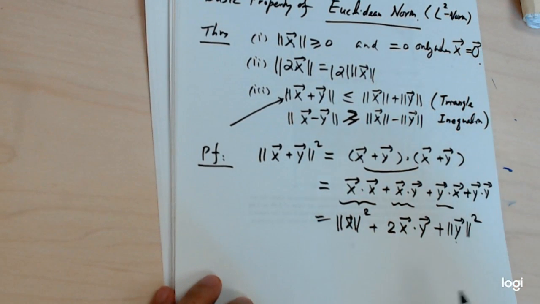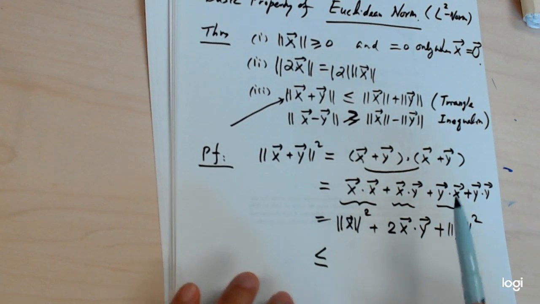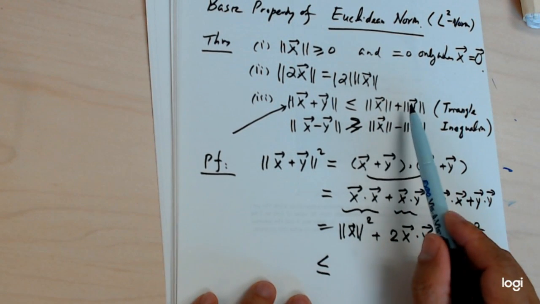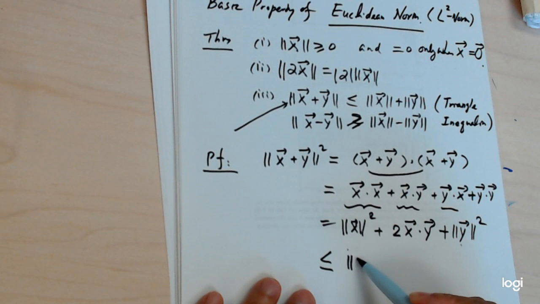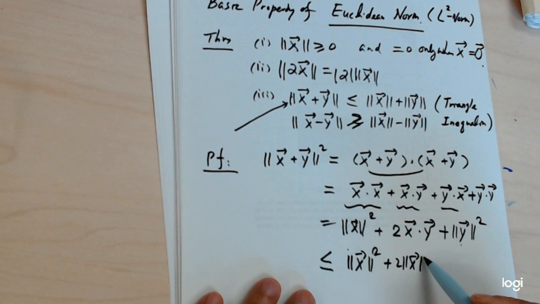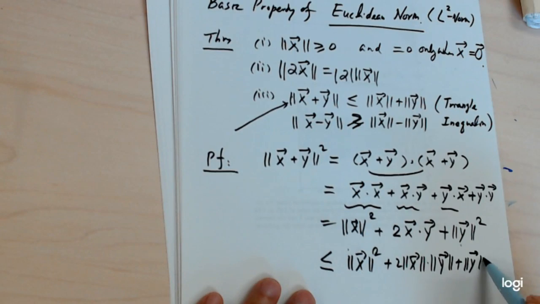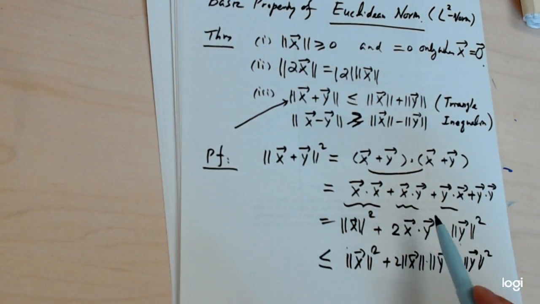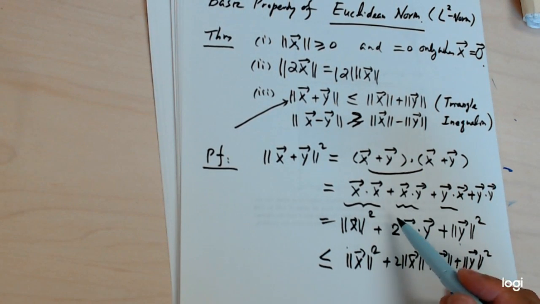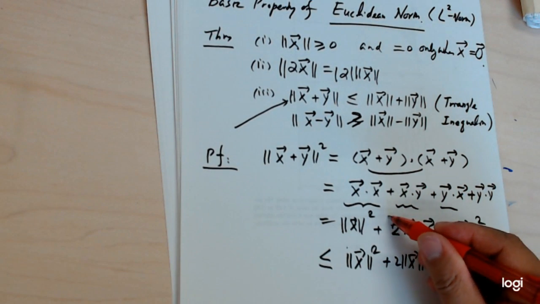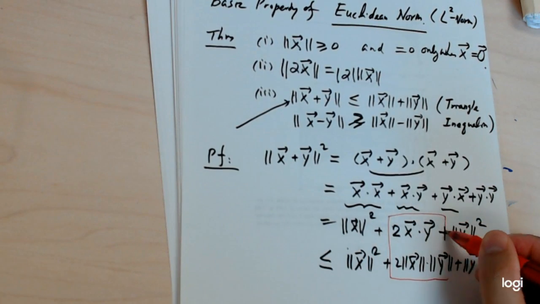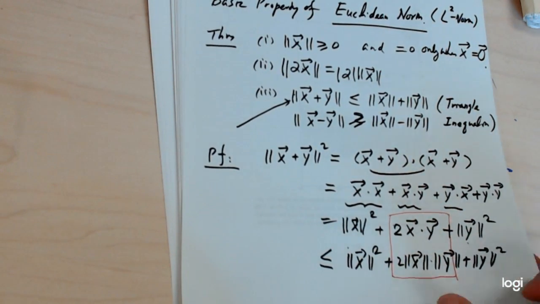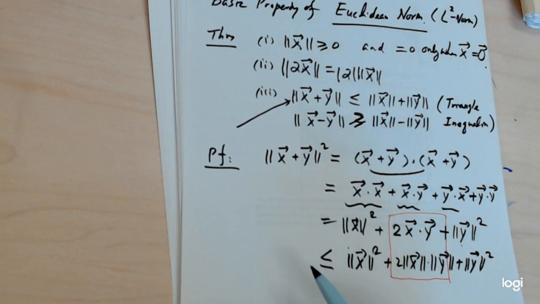So the question is, is that really less or equal to the square of the right side? The square of the right side is the norm of x squared plus 2 times the size of x times the size of y, and then plus the norm of y squared. Obviously, to make this true, we need this term to be smaller than the term down here, which turns out to be correct. This is the so-called Cauchy-Schwarz inequality.